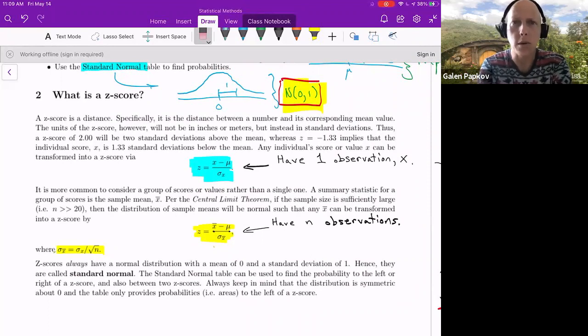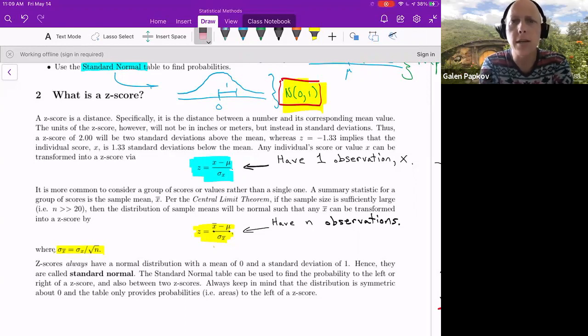So it's important to keep in mind that a z-score is not a standard deviation. It is a distance in terms of a standard deviation. So I am 3.2 standard deviations taller than that person. That is the type of distance we're going to be talking about.